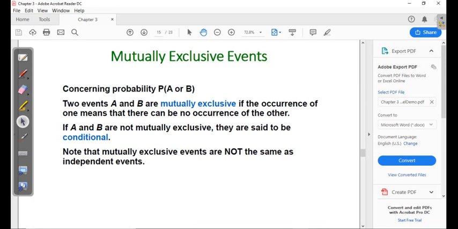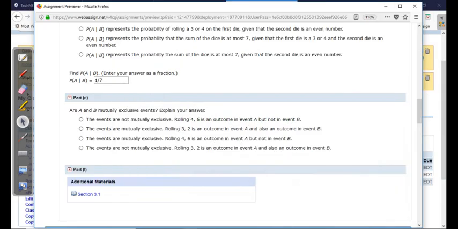And if A and B are not mutually exclusive, they're conditional. So, okay, if rolling a 3 or a 4, followed by an even, were mutually exclusive with rolling a sum of at most 7, we would have no occurrences of rolling a sum of at most 7. Well, that's not true at all, right? So our events are not mutually exclusive, right?